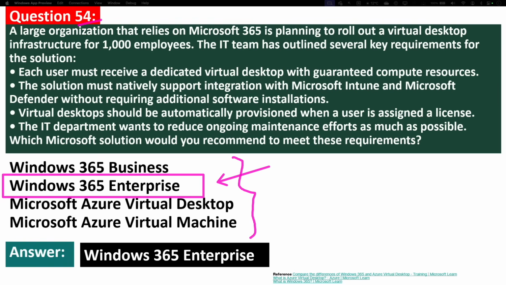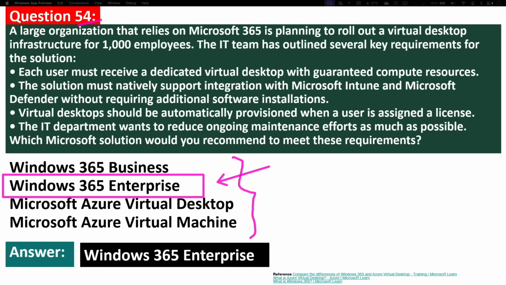So instead of having a physical computer at your desk, Windows 365 Enterprise gives you a virtual computer in the cloud. You log in and everything, your apps, files, and settings, is just how you left it, no matter where you are or what device you are using.